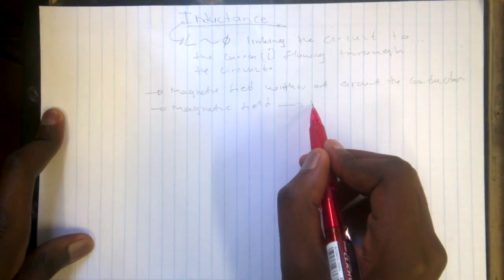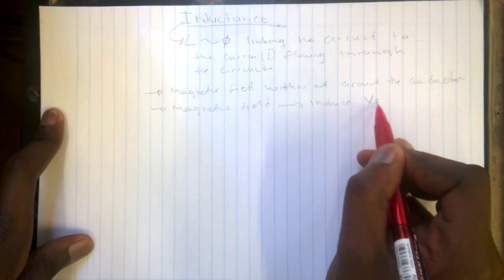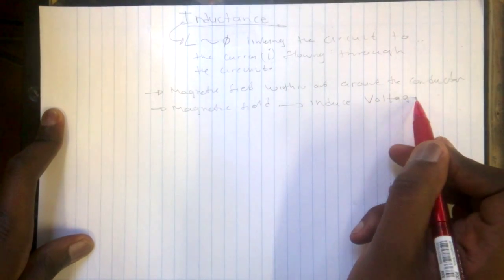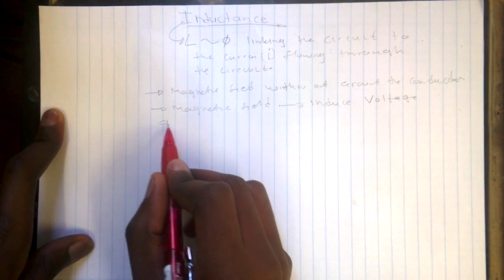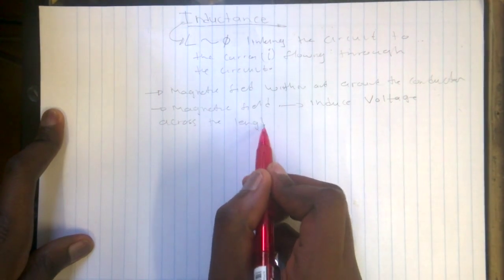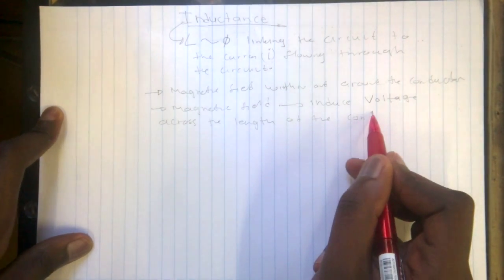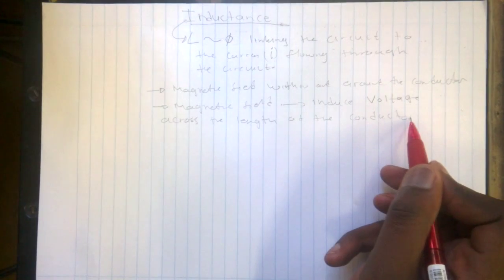A change in magnetic field will induce voltage across the length of the conductor. So let's work on some formulas.